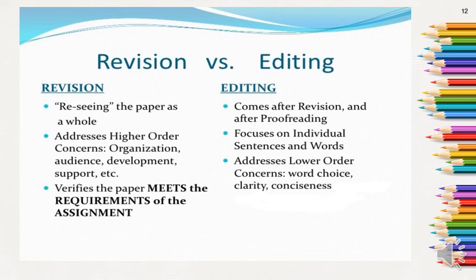What about editing? It comes after revision and after proofreading. Proofreading means grammar, spelling, and structure of your paragraph, sentences and words. It addresses lower order concerns: word choice, clarity, and conciseness.